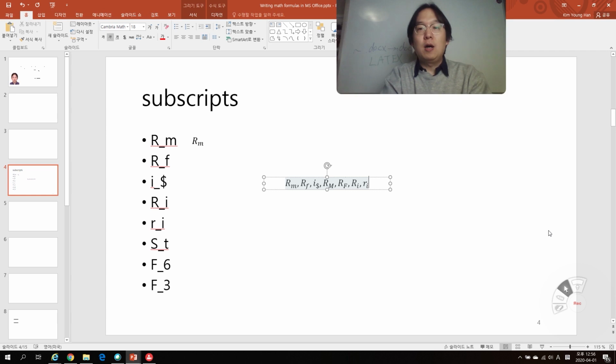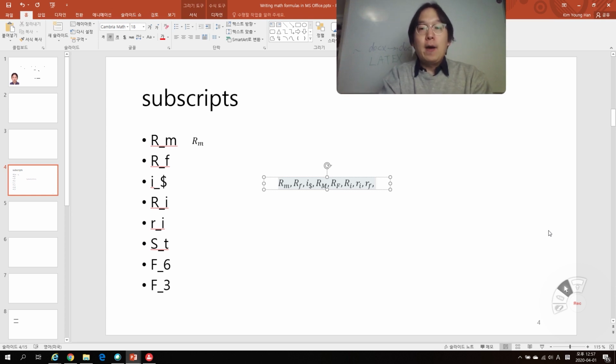R sub F. Okay, fine. No problem. In your exam, do I have to use big R or small r? It does not matter, as long as it is readable. But I just want you to be able to use subscript and superscript correctly.